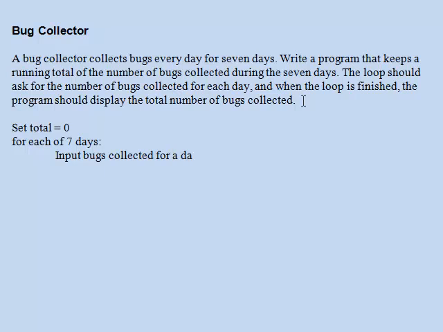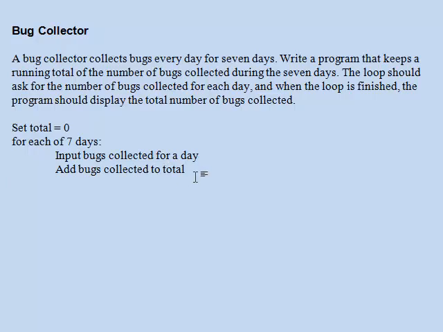For each of 7 days, we're going to input the number of bugs collected for a day, and then we're going to add bugs collected to total. So that's the major responsibility of the loop.